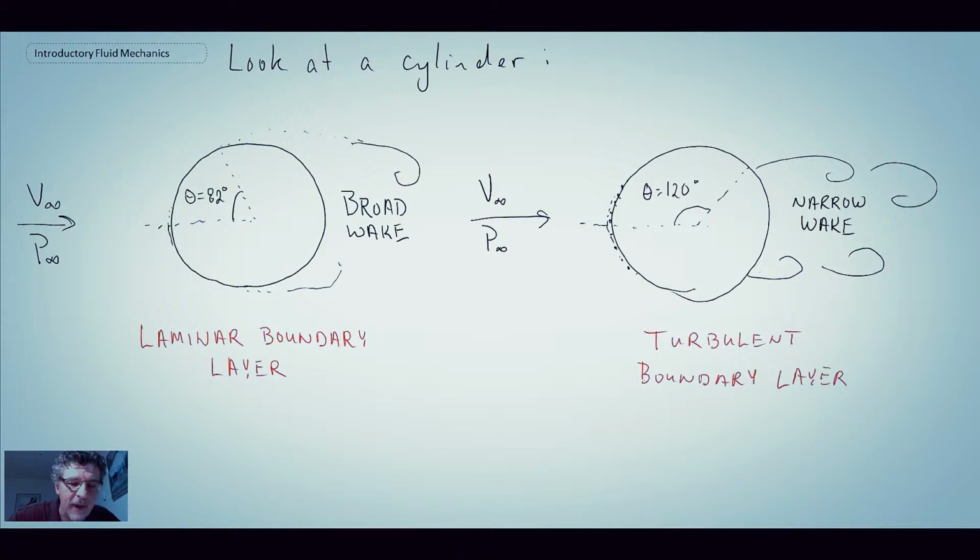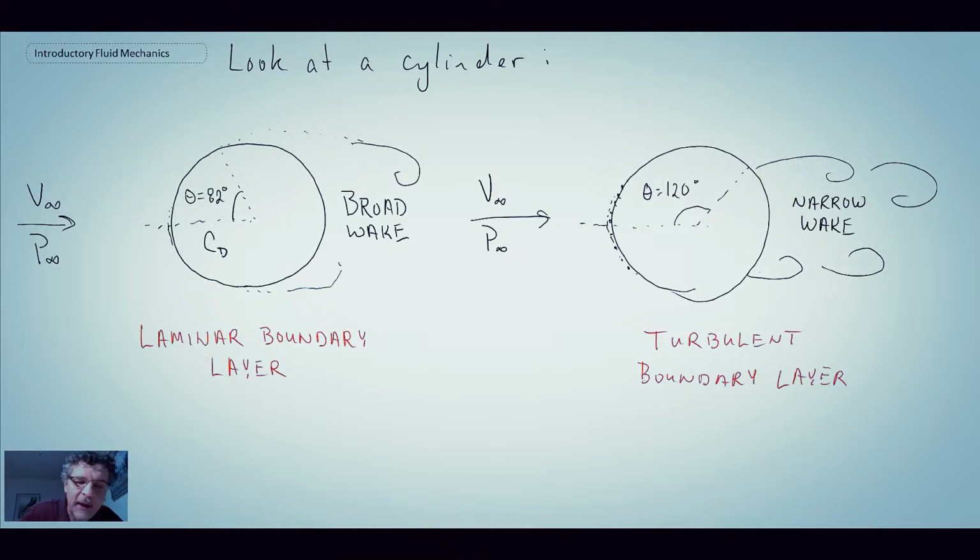In this case, you would have an adverse pressure gradient on the cylinder, and so the flow in the laminar boundary layer has less energy, or less momentum, right along the wall region, and consequently you get to the zero shear point earlier than you would with the turbulent boundary layer, which is what we have on the right.